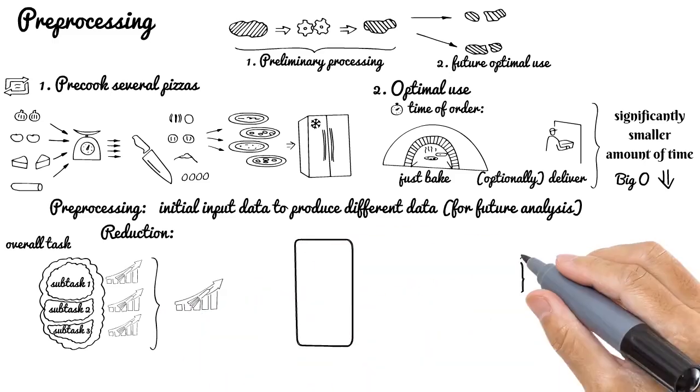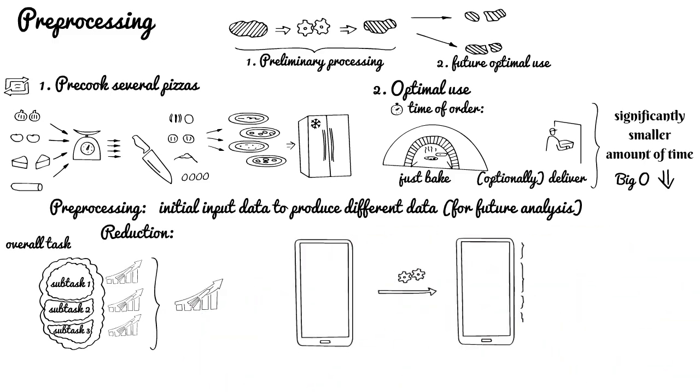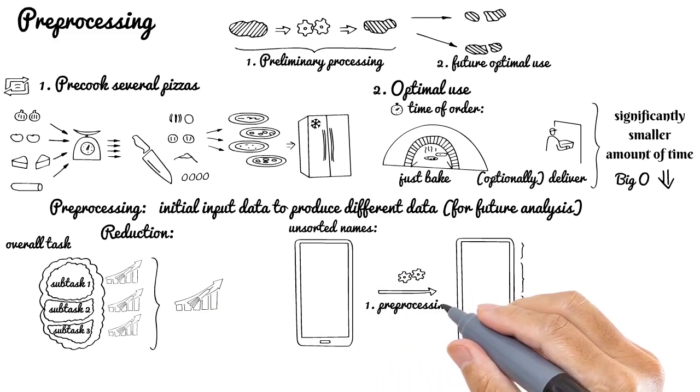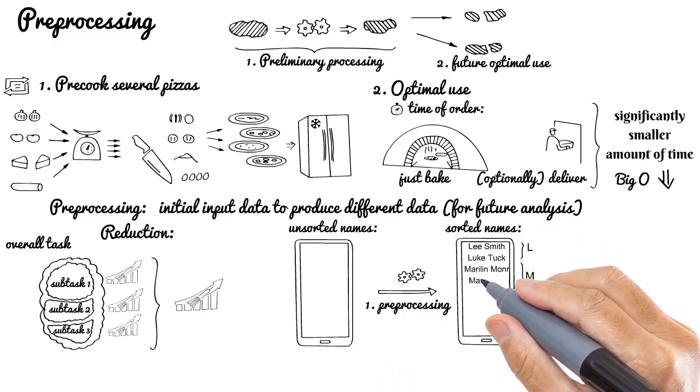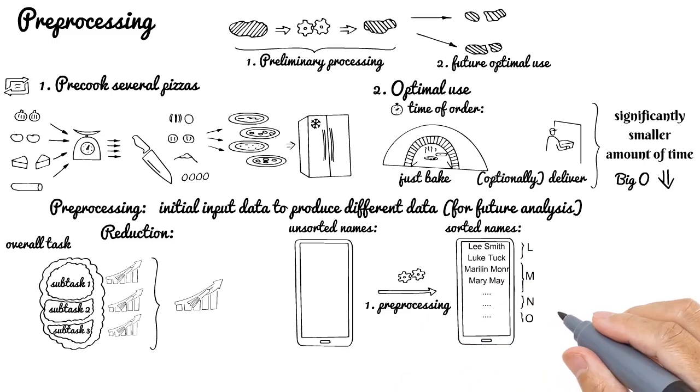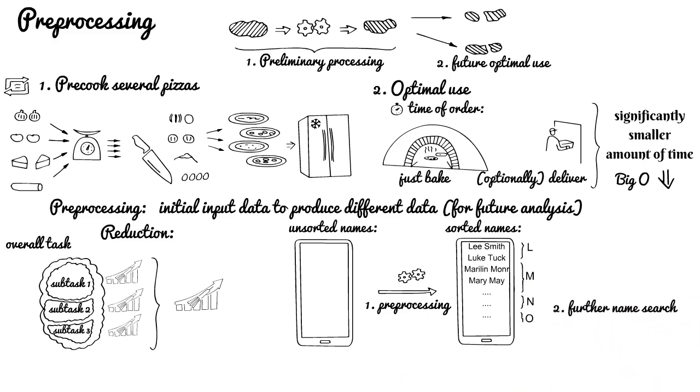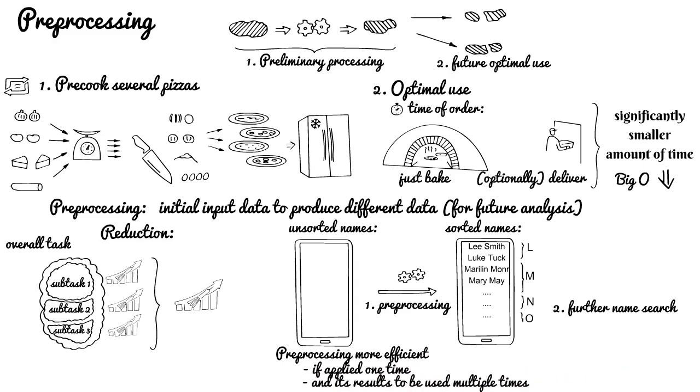We had reduction examples when we initially sorted a mobile phone contact list in alphabetical order for further fast particular name search. Such name sorting is actually preprocessing of data for further use on a second step, name search. Preprocessing makes more sense and efficiency if it is used preliminary just once, but the second, final and assumingly very fast step of further analysis is used multiple times.